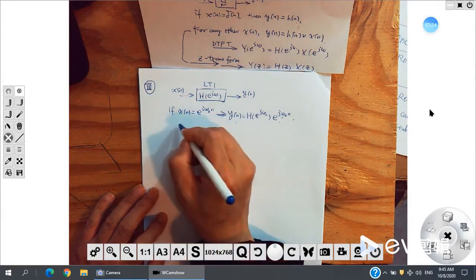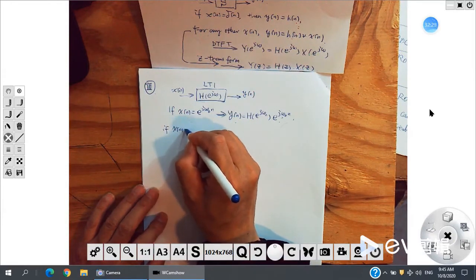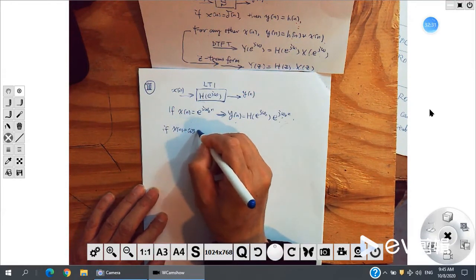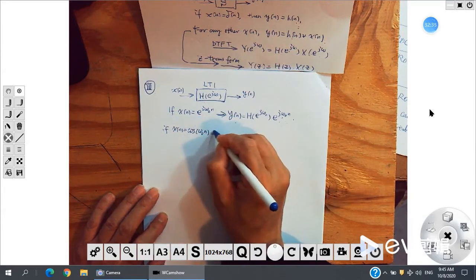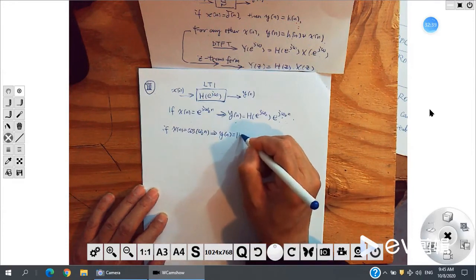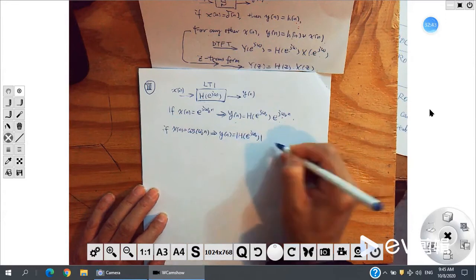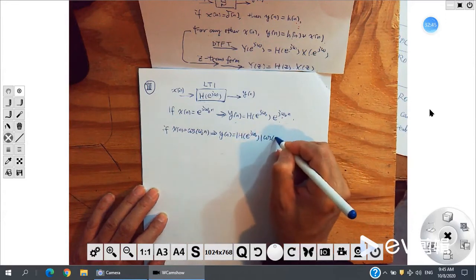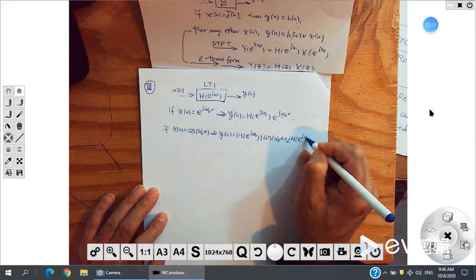Okay, and similarly, if x of n is a cosine of some omega 0 n, then we have y of n equal to the magnitude of H of e to the j omega 0 times cosine of omega 0 n plus the angle of H of e to the j omega 0.